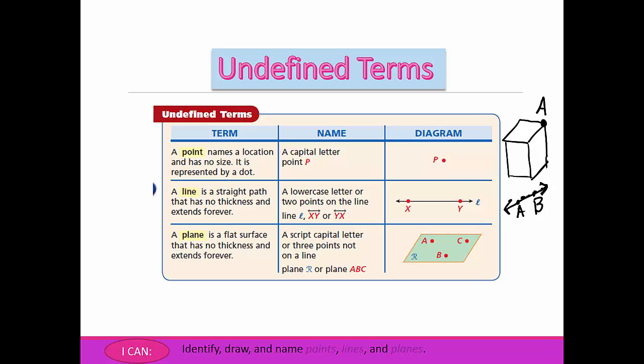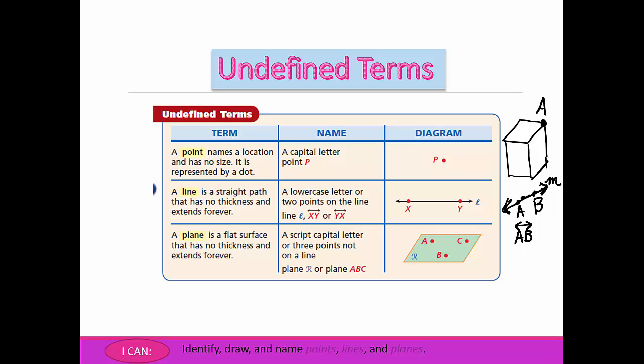That's why we put those arrows on the ends to indicate that it extends forever. Lines are usually named with 2 capital letters, so we would draw something like this, and I would say that was line AB, or I could also call it line BA. Or I could use a script lowercase letter like an M and say that that is line M. So that's the way to draw a line, the way to name a line, and the definition of a line.